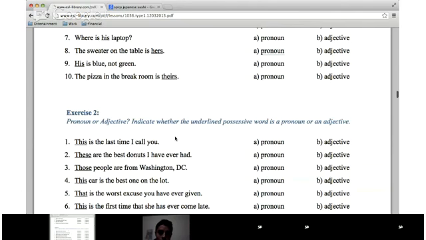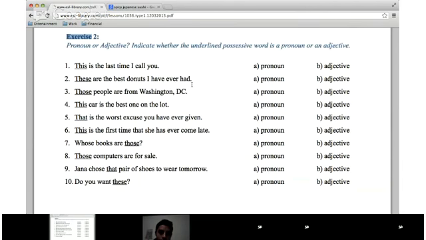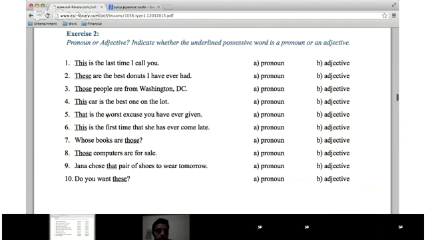So let's go to exercise number 2. It's sort of the same exercise, but we are now looking at this, these, those, and that. Remember, these are demonstrative pronouns or adjectives. It follows the same rules, class.